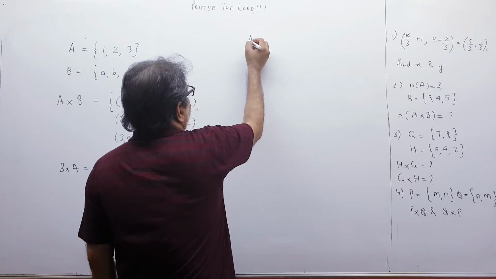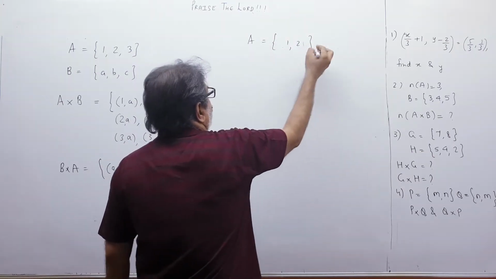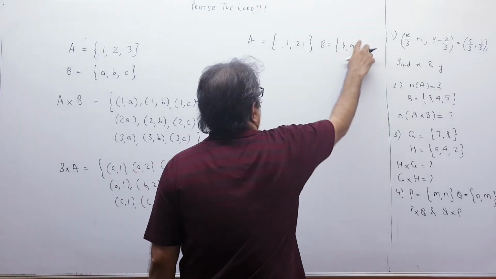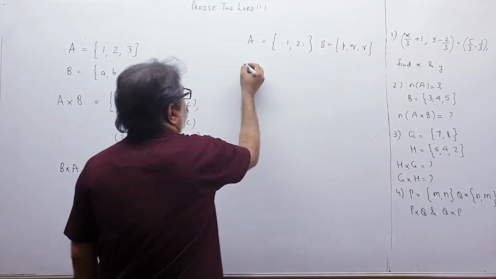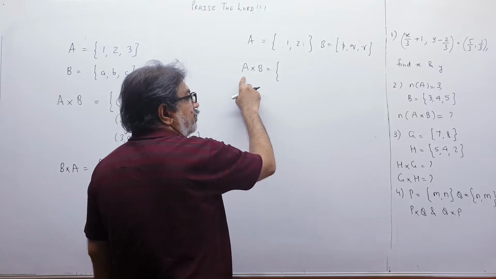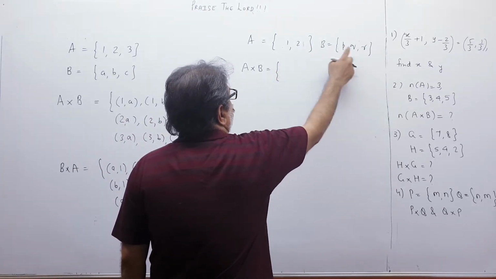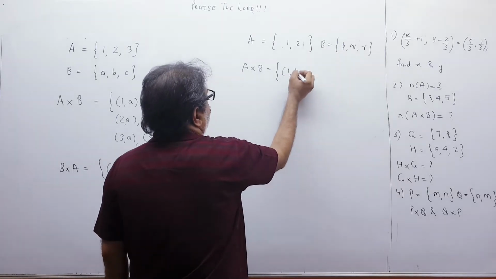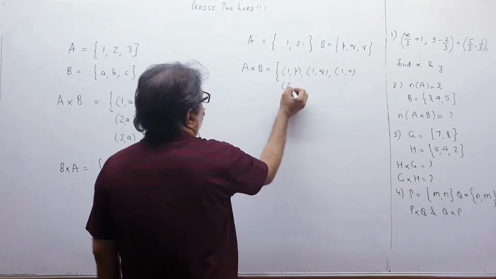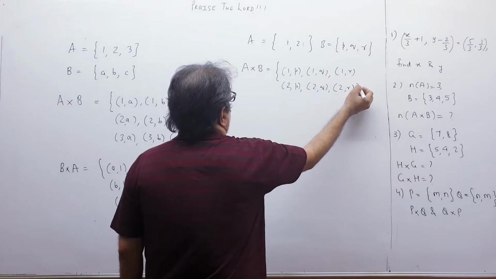Suppose I am having A as {1, 2}, and B as {P, Q, R}. So children, what is A cross B? Now you know. First element from A, then from B. So (1, P), (1, Q), (1, R), (2, P), (2, Q), (2, R).